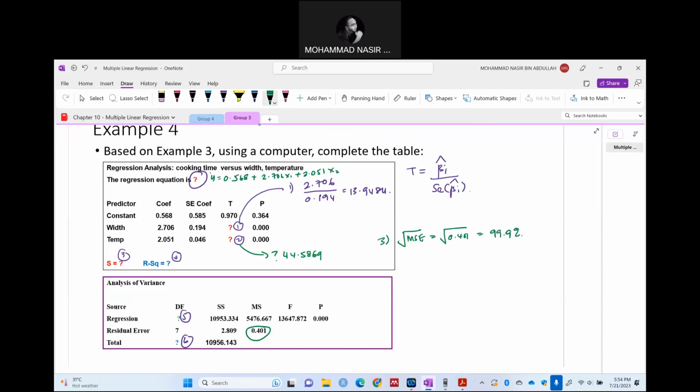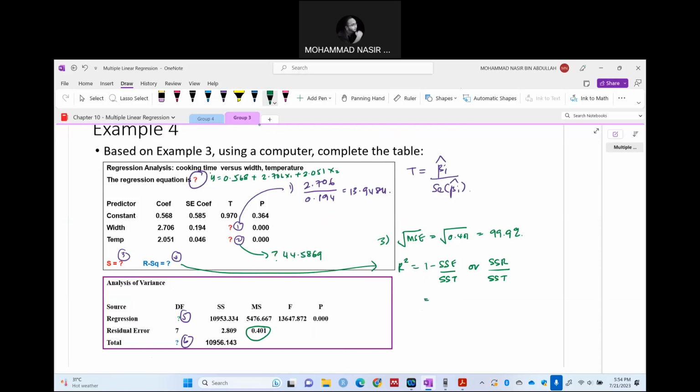So this one should be equal to 99.9%. So there are 99.9% of the total variation in Y can be explained by width and temperature. Our Y is cooking time. And R square is equal to 1 minus SSE divided by SST, or SSR divided by SST.